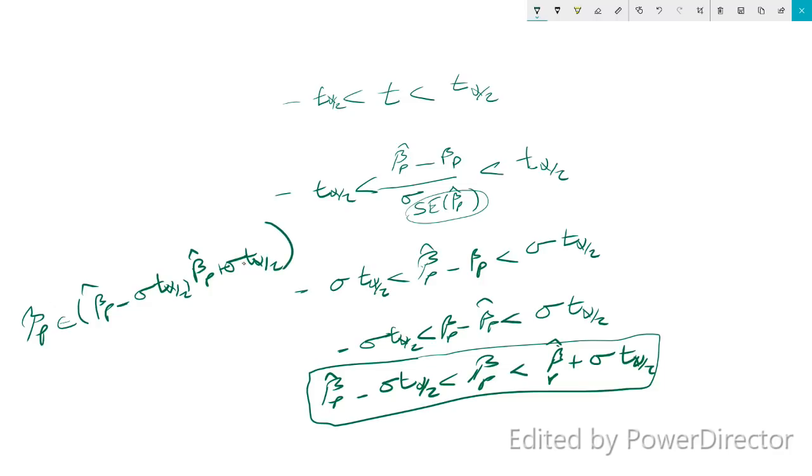So this will be the band to which beta p, which is the true parameter, would belong. I hope this makes some sense, and if you have any questions, please write them down as a comment, and I hope I can answer all your questions.